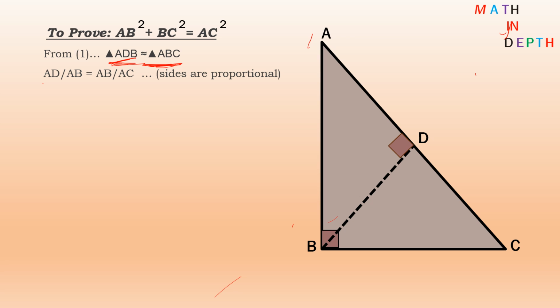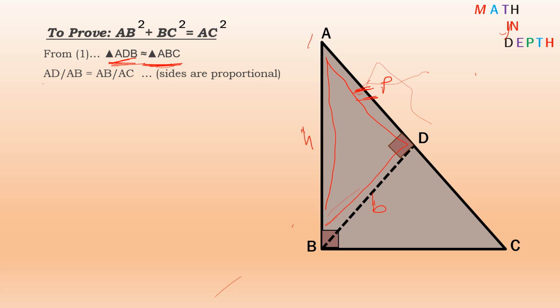In triangle ADB, AD is the perpendicular line. This BD is the baseline, and this AB is the hypotenuse.